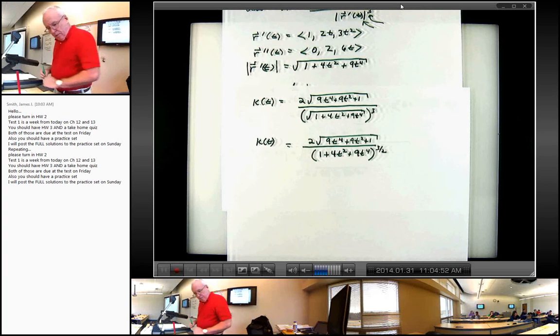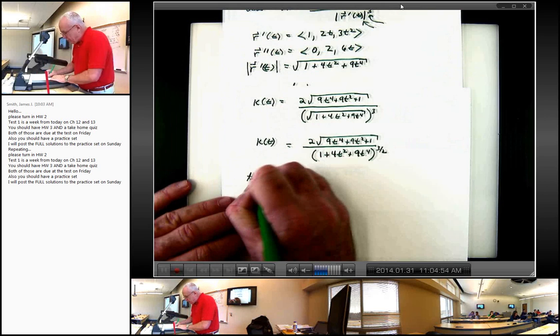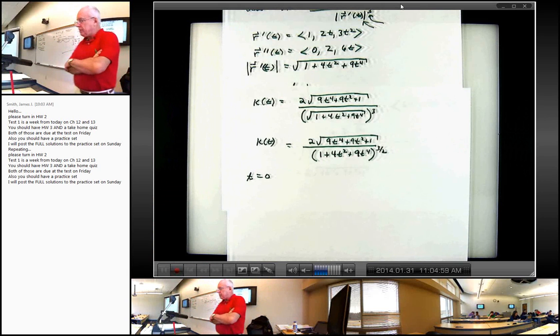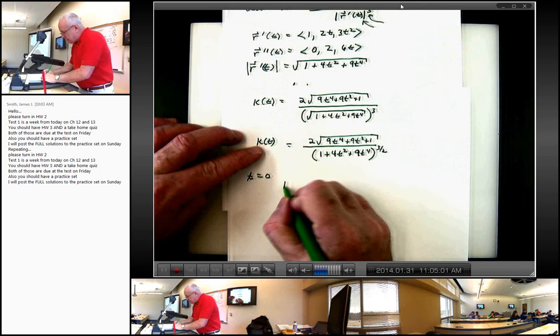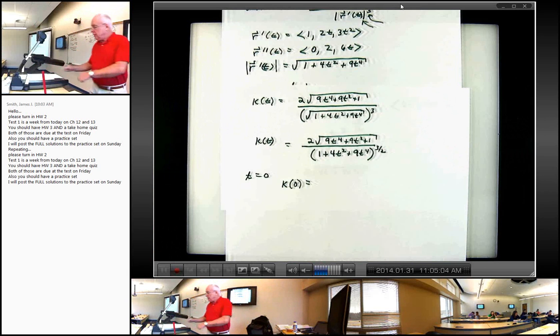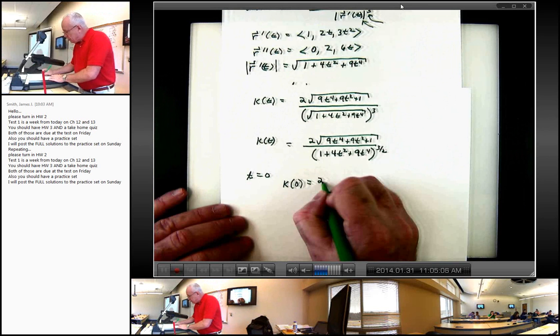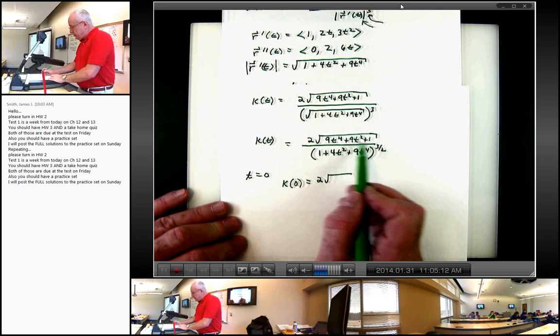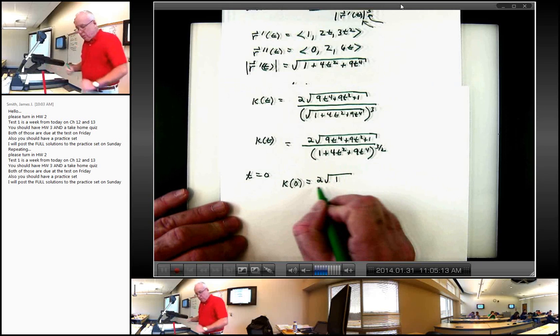Now the second part asks, what's the curvature when the parameter t is equal to 0? Well, that's just a matter of plugging in 0 for t. So here I have 2 times the square root, but when t equals 0, those terms are 0, so all I have is the square root of 1.